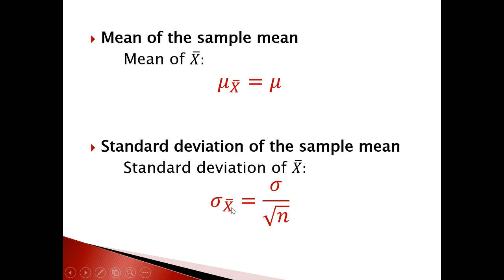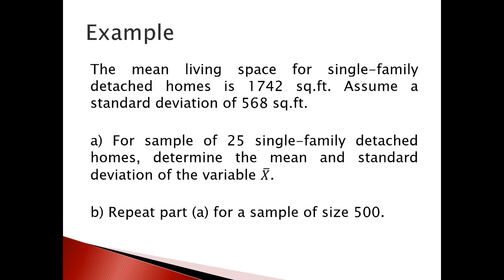Now let's use these two formulas to calculate the mean and the standard deviation for a given problem. The mean living space for single family detached homes is 1742 square feet. Assume a standard deviation of 568 square feet.